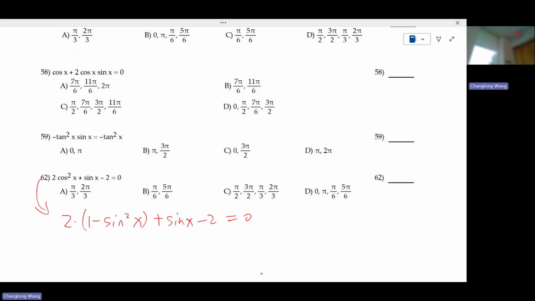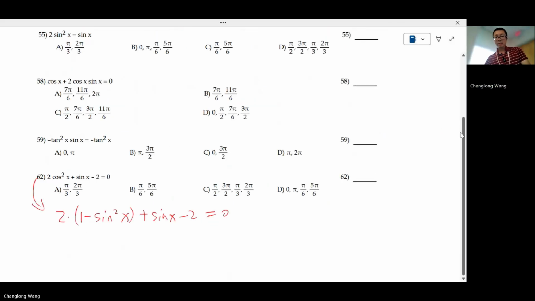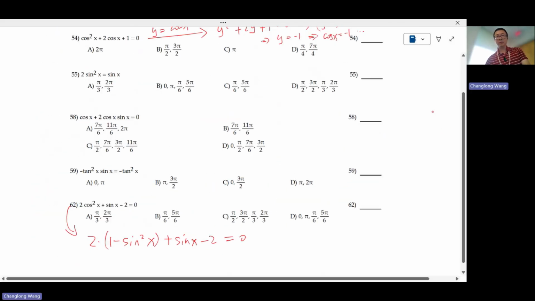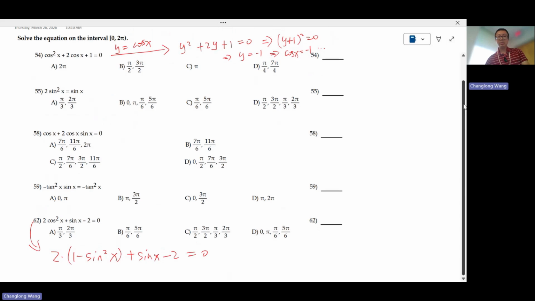Like I said, all you have to do is keep an eye on the fundamental equation, keep an eye on the multi-angle, right? You know that potentially you can get more angles if you have a multi-angle like a 2x and 3x. But if the equations are as complicated as the ones you see over here, ask yourself, how would you factor? That's most likely the way it works, right?